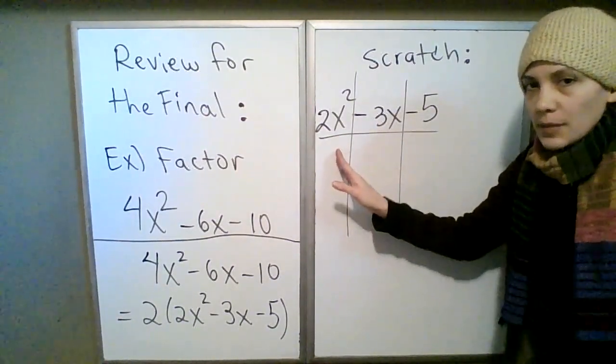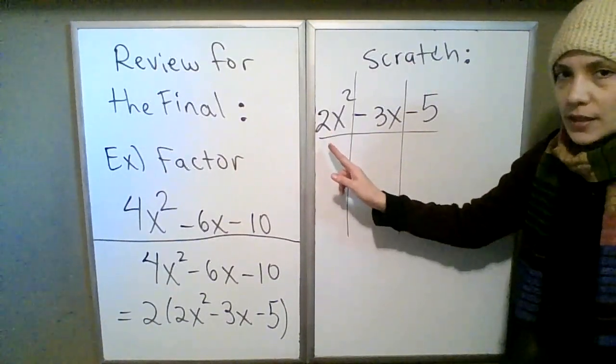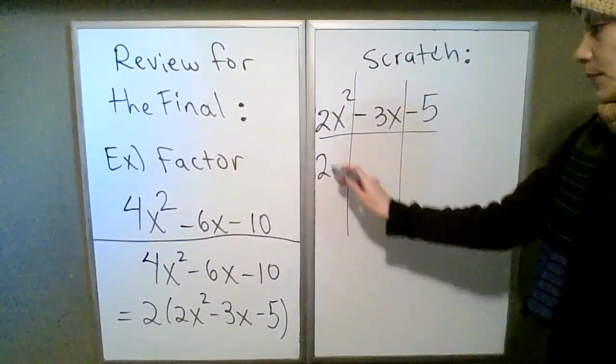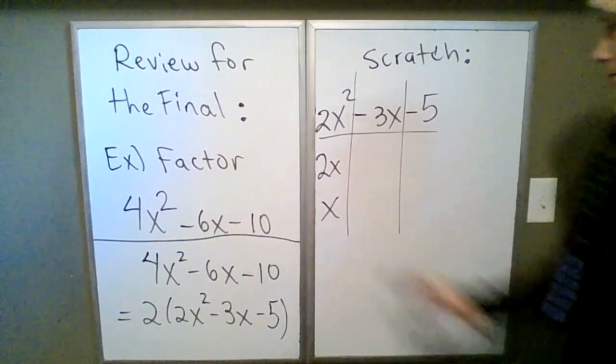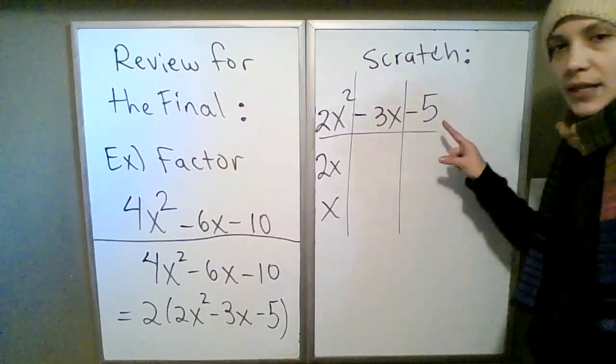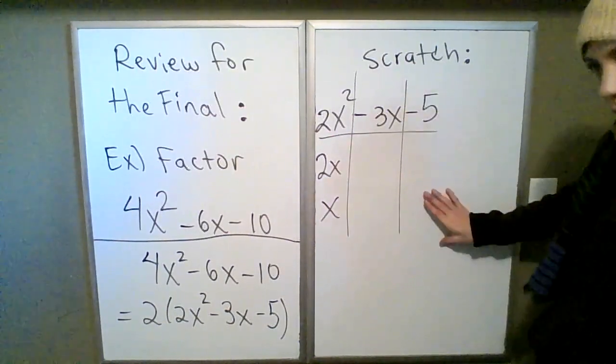Okay, in this part of the grid, you pick two numbers that multiply to 2x squared. So I'll try 2x and x. On this side, two numbers that multiply to -5, like 5 and 1, or maybe the other way around.